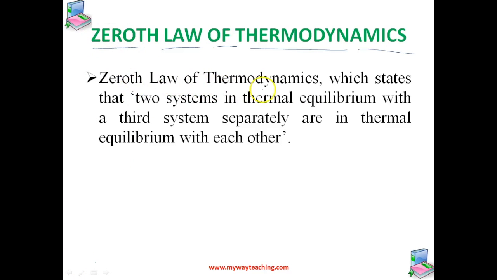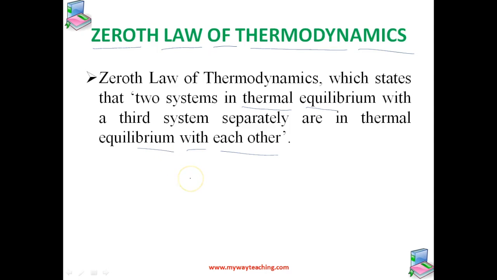The zeroth law of thermodynamics states that two systems in thermal equilibrium with a third system separately are in thermal equilibrium with each other, which means in the first case they attained the thermal equilibrium with the third system C, which means A and B will also attain the thermal equilibrium state at that particular state.